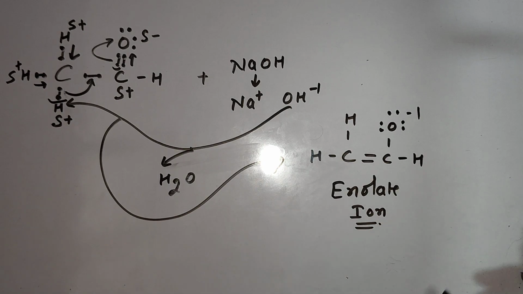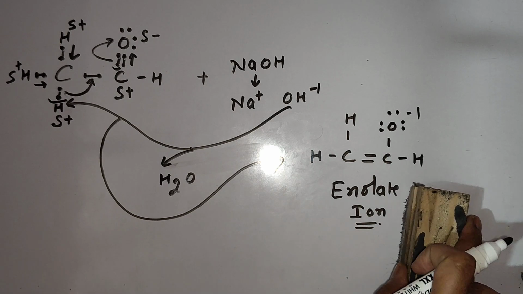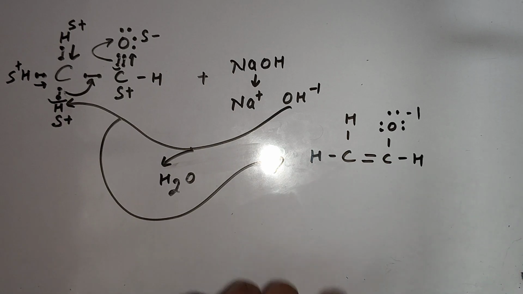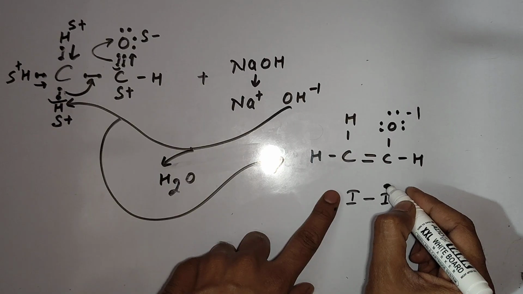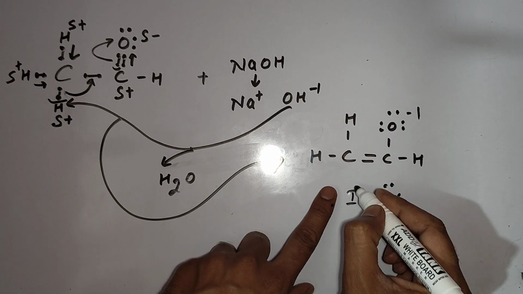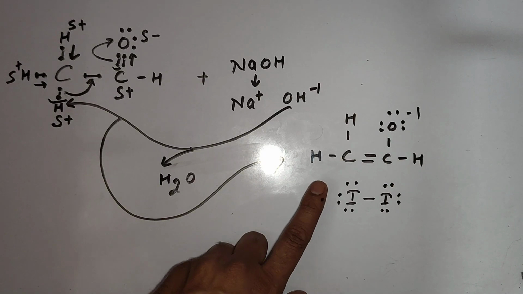Please note down, it's an enolate ion. This enolate ion will make iodine particles polar. Why? Because of their pi electrons.